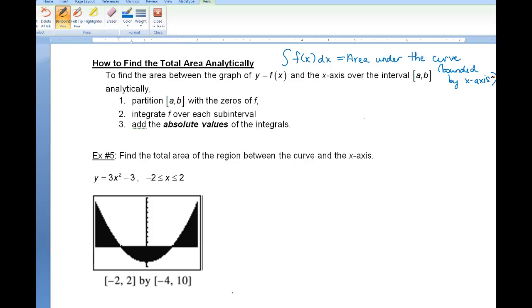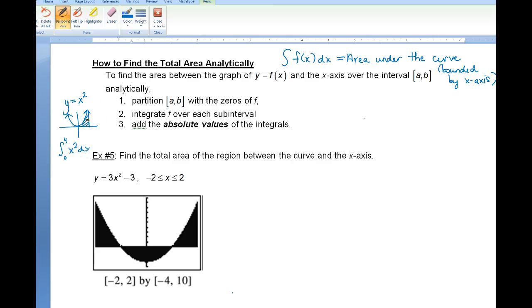So basically when you have a graph, a curve, that integral essentially stops when you get to the x-axis. Like if I say y equals x squared, and I want to look at the area from 0 to 4 of x squared dx, that's going to be this area. It stops when you get to the x-axis.